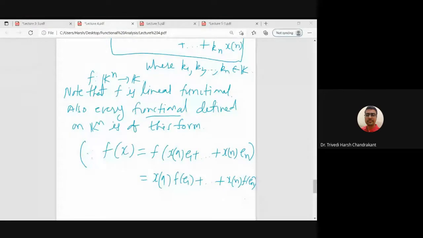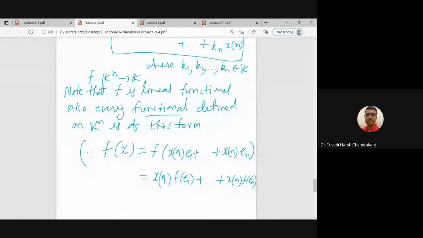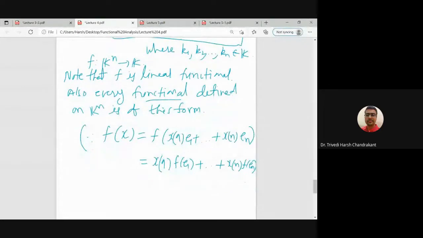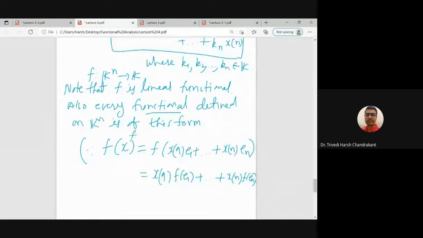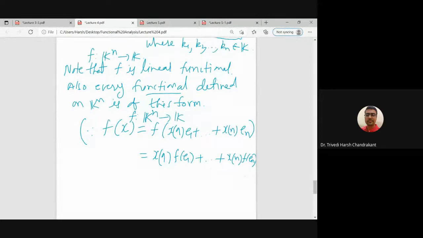Now f is a map from K^n to K, so each of these numbers you can call k1, k2, kn.